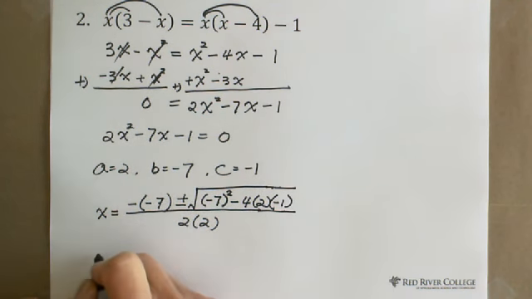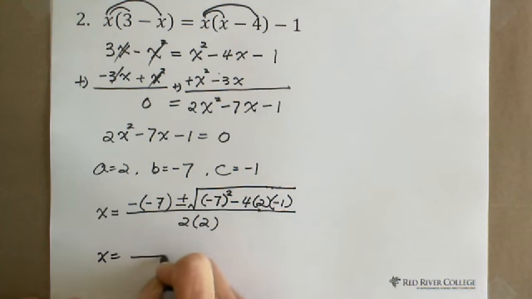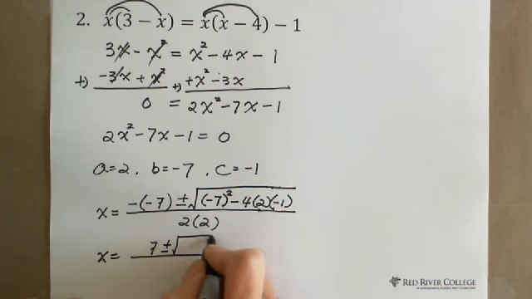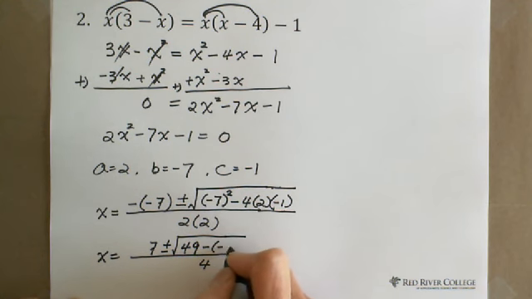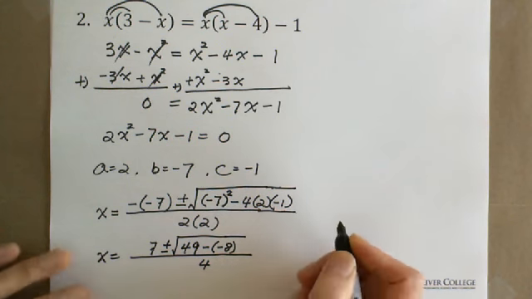And we simplify. We get x equals, 2 multiplied by 2 is 4, negative negative 7 is positive 7, plus minus square root of 49 minus, this is another negative, so we have minus negative 8. Actually, this is plus.